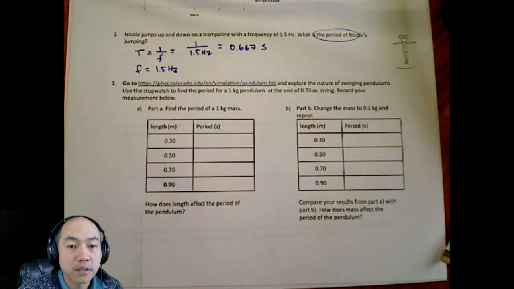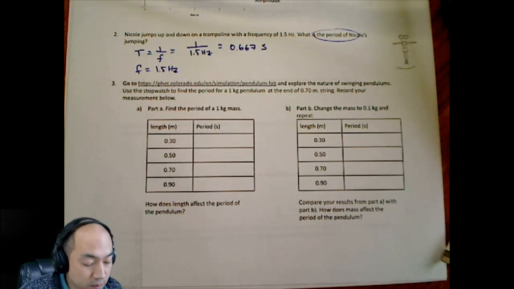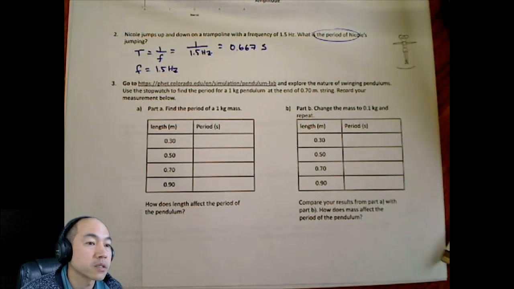So just start that swinging. I'm going to start the stopwatch here. I'm going to bring that here to the middle. And I'm going to pause this. Click start. And then the first data point is 0.3 meters. So there.